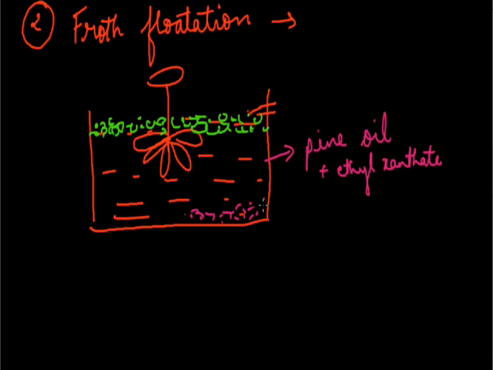They will cover the impurity like it is oil, so one will be hydrophobic and one will be hydrophilic. The pine oil will separate the impurity from the ore, and then the ethyl xanthate will act as a collector and produce foam when the air is agitated in it. So this is the rough diagram of how froth flotation occurs.